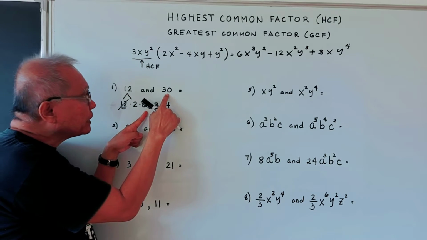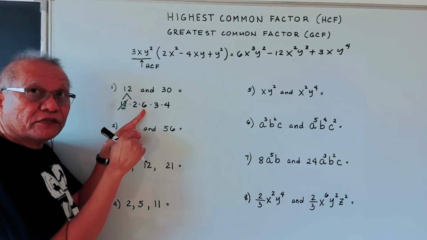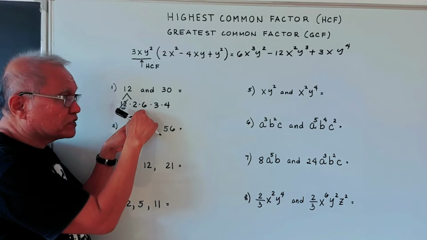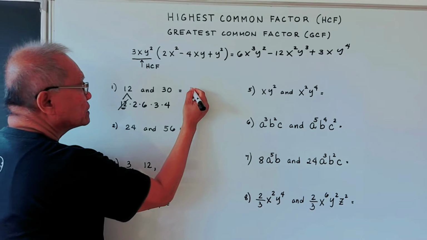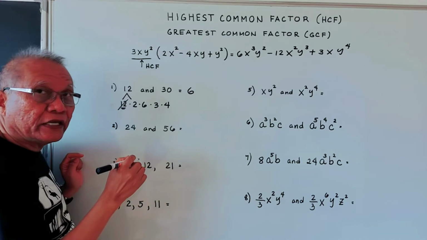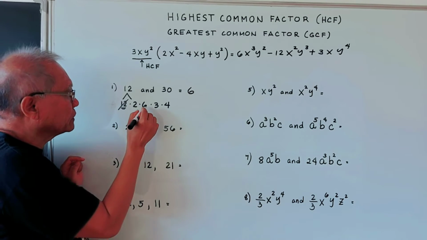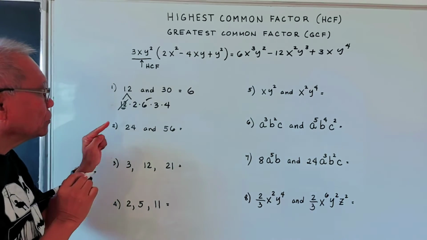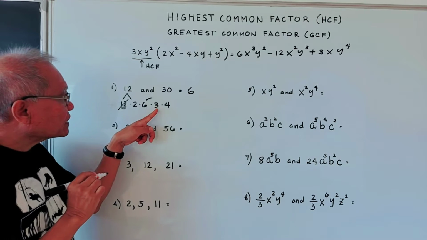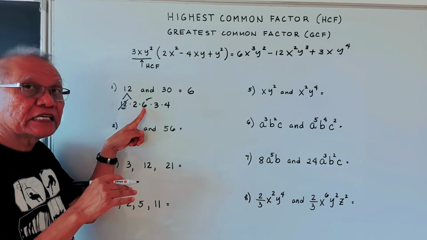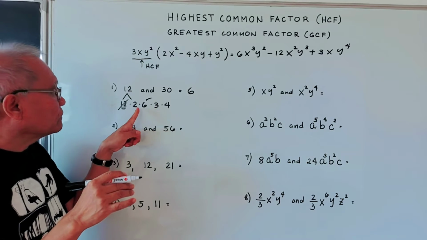Okay. So 30 divided by 6 is 5. Therefore, we can divide 30 by 6. Therefore, 6 is our HCF. That's it. No need to test 3, 4, 2 because 6 is the highest of 3, 4 and 2.